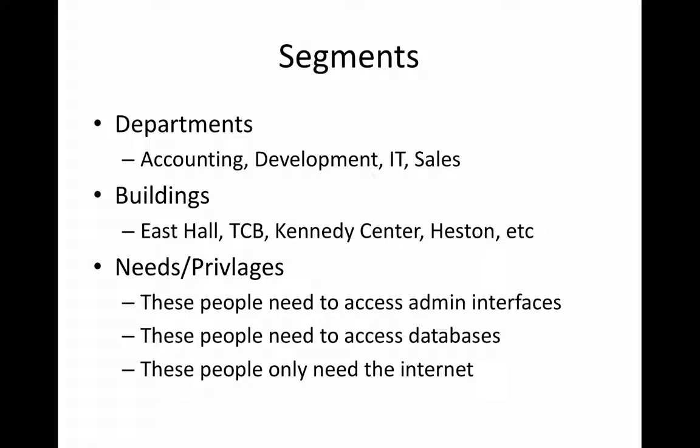The other way, which starts to get even more challenging than just figuring out by department, is by privilege level. There are obvious subnets that we would put in place for the firewall managers and others who can access the admin interfaces. Does the accounting department need to access the router's administration interface? The bean counters are doing a little SSHing into the core router? No, that's not going to be a thing.